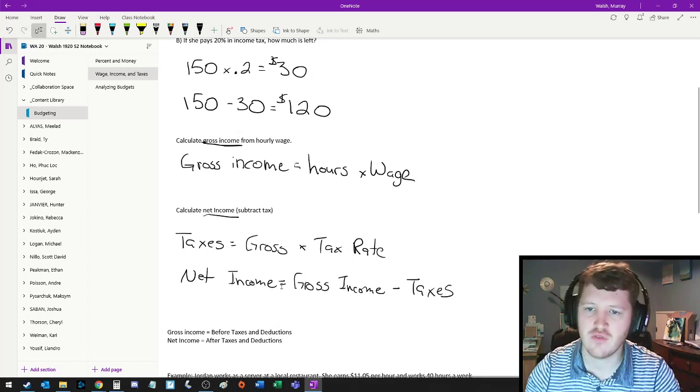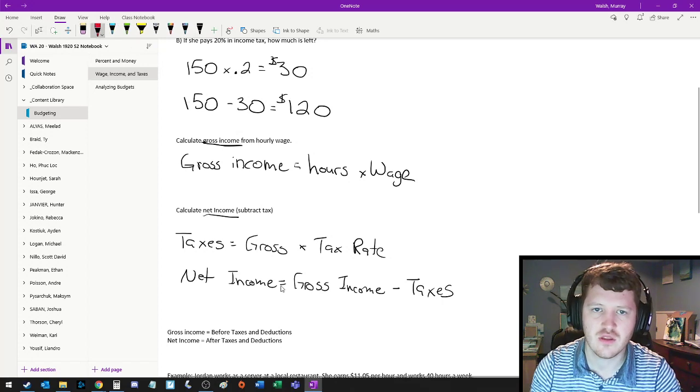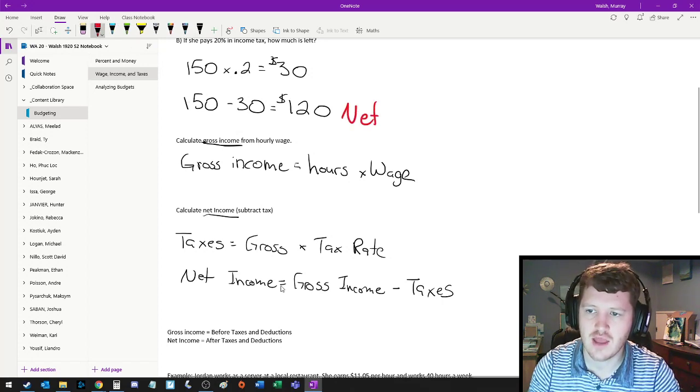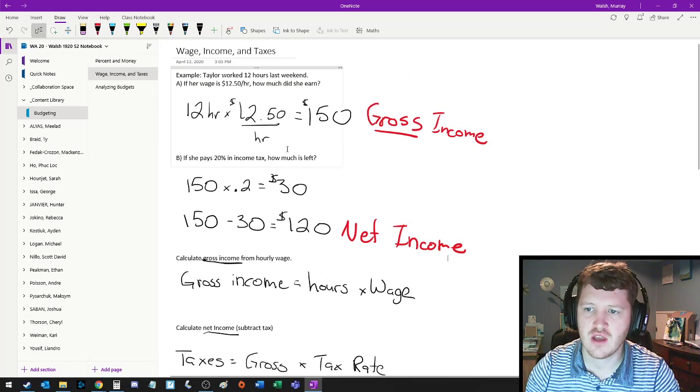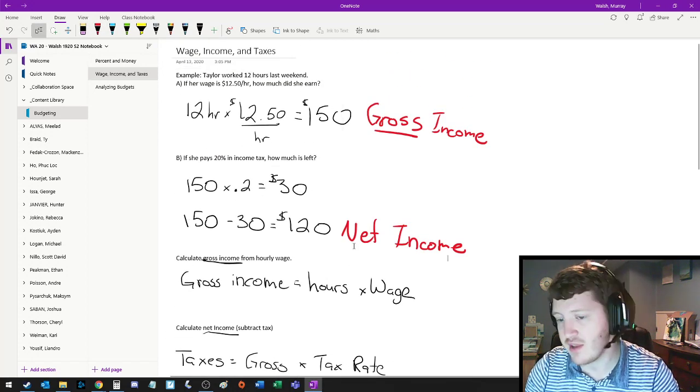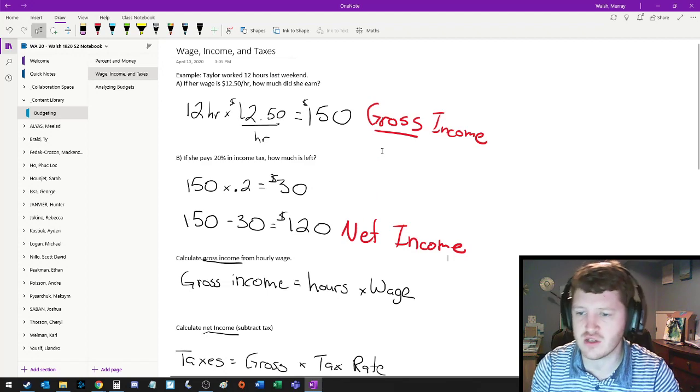So from this example up here, this was our net income. First we calculate the gross income and then the net income. We always need to calculate the gross income first before we calculate the net income.